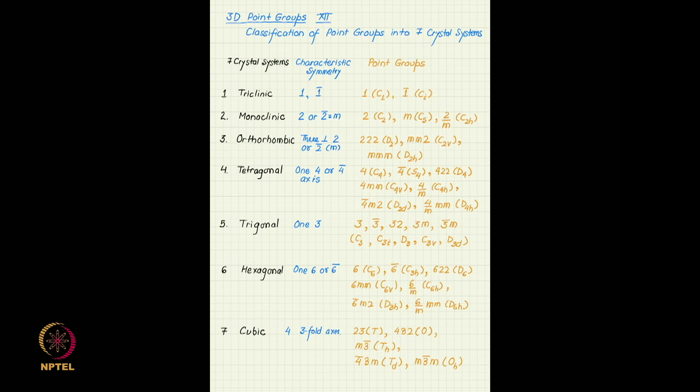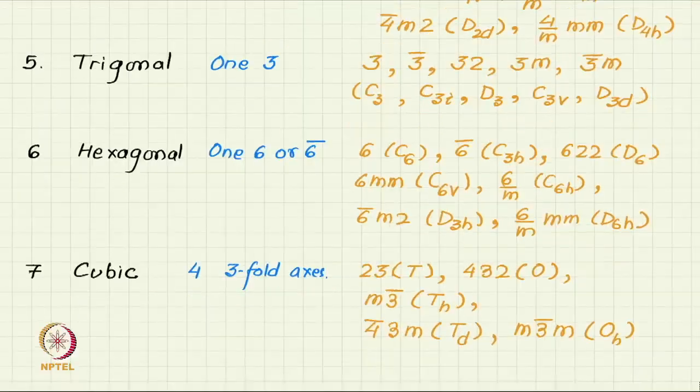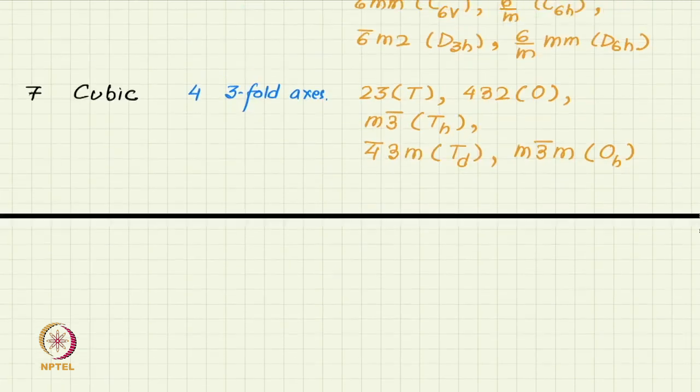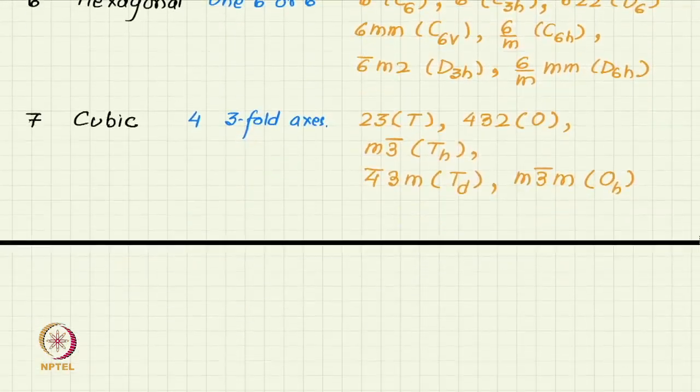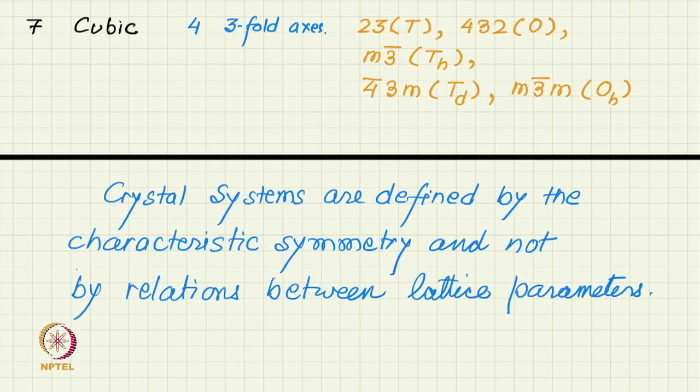So, crystal system is not really defined by the axial relations, but by these symmetries. So, that point is important. Having said this, of course, if the crystal belongs to a particular crystal system, one can always select a unit cell which satisfies those relations. So, let me take an example.